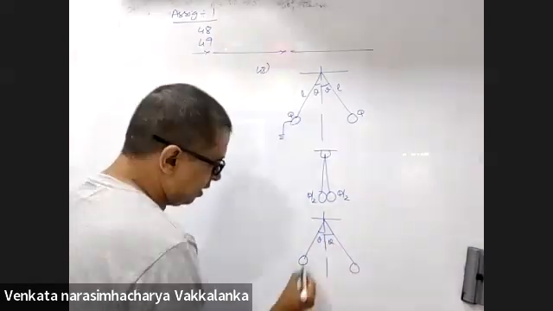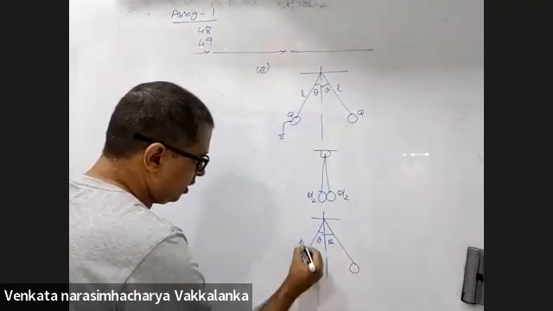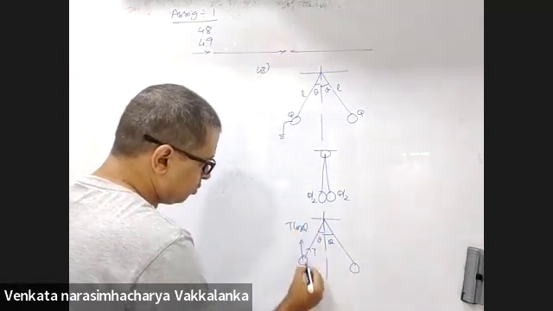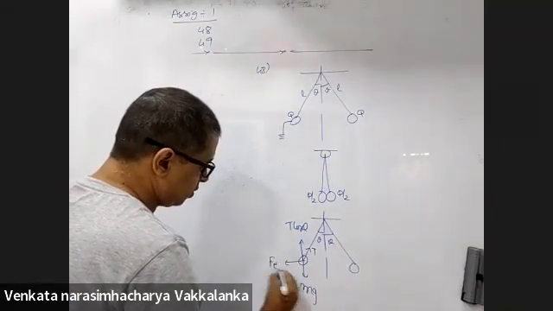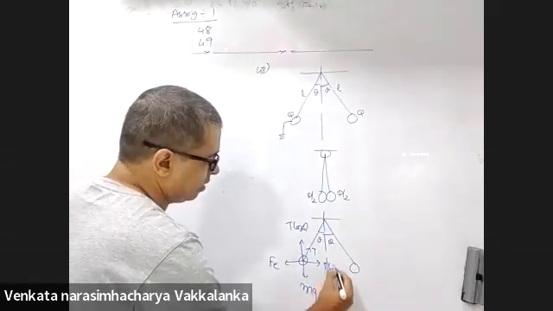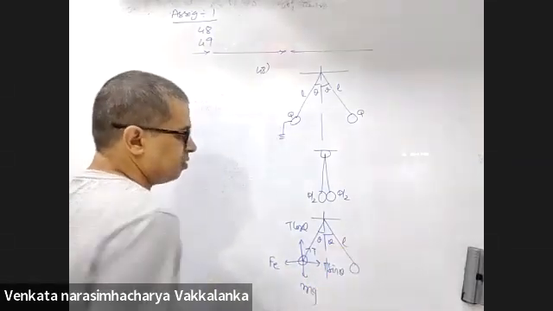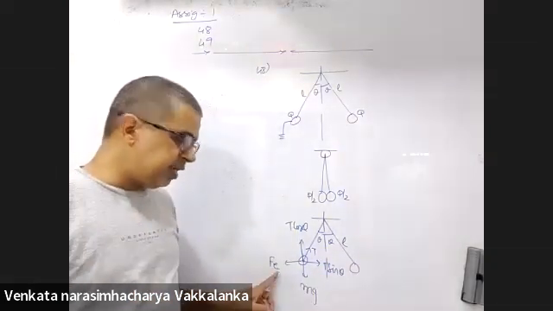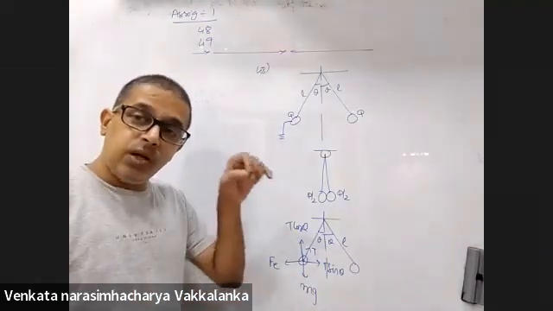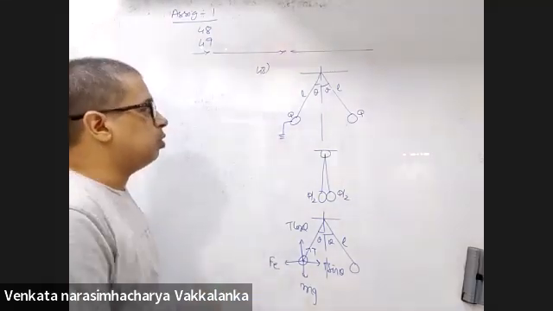This will be theta, this will be theta. This is T. This is T cos theta, this will become mg. This will be the electrostatic repulsion, this will be T sin theta. The body is in equilibrium: T cos theta is equal to mg, T sin theta is equal to Fe. What will Fe be equal to?